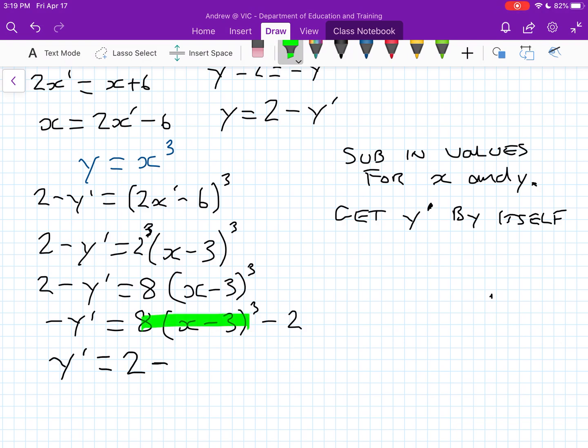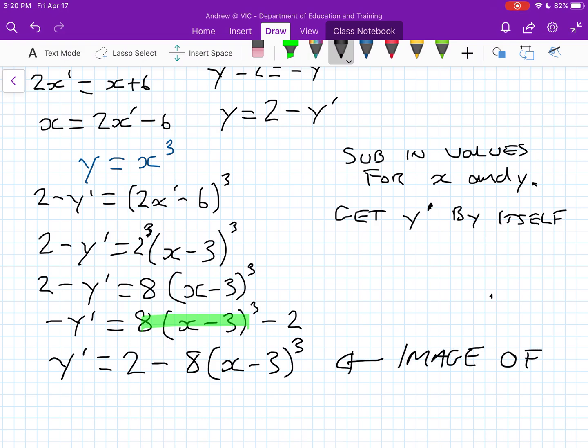Okay, so just make sure you're minusing all of that together. Anyway, that doesn't want to go away for some reason. So then this becomes 8(x minus 3) cubed. Okay, so this is actually the image of all the transformations.